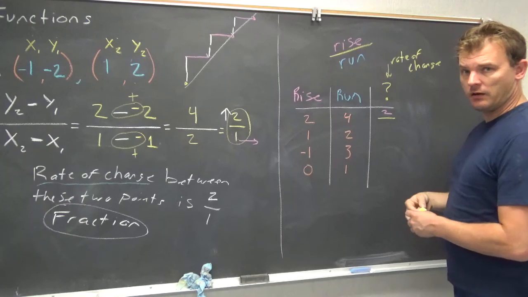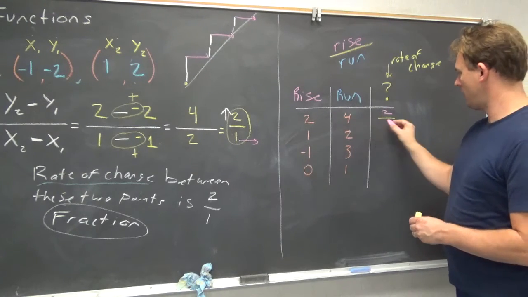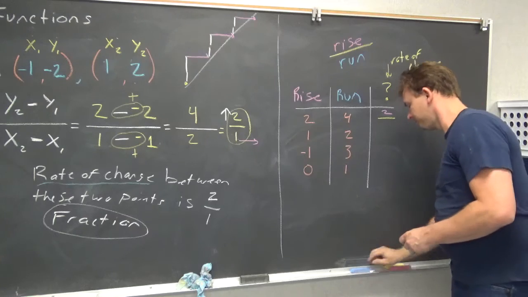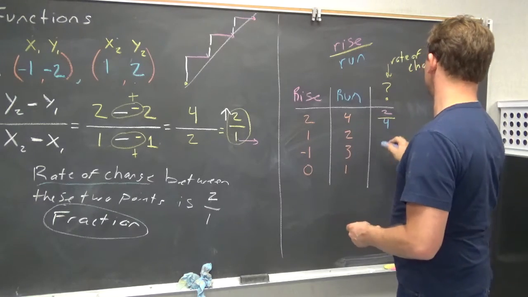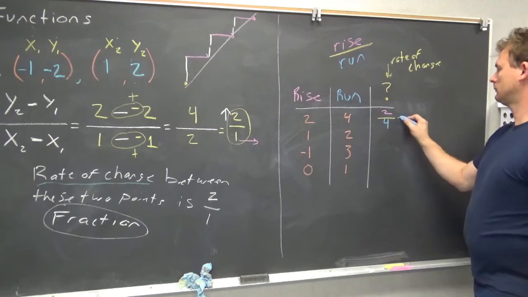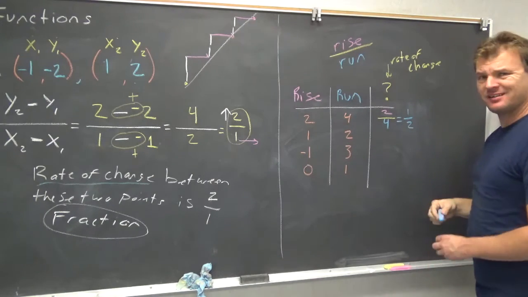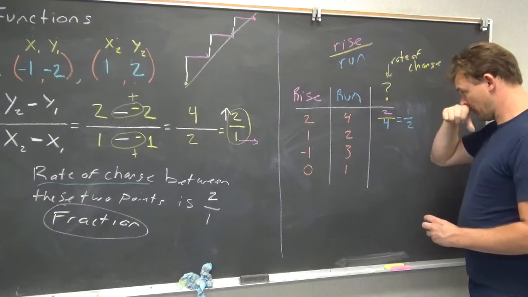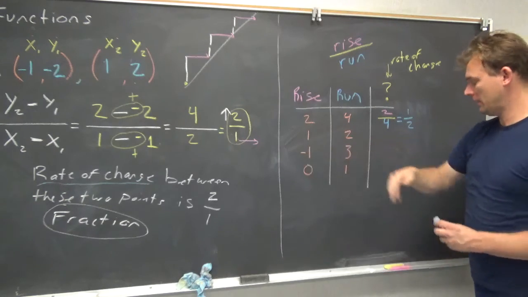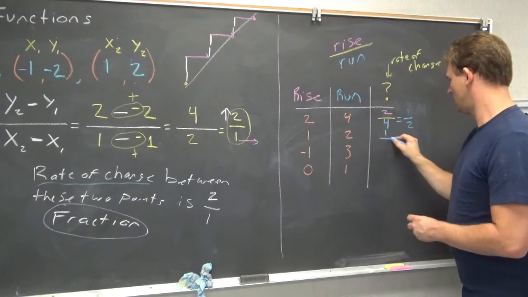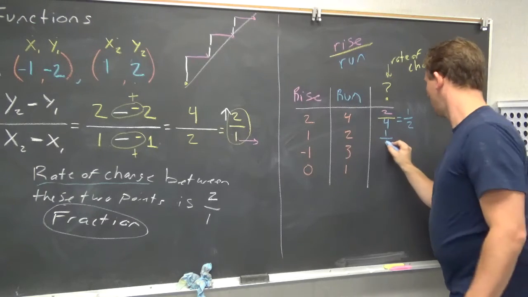The run is what? 4, right? Can you reduce that? Is that 1/2? What's the rise here? 1. What's the run here? 2.